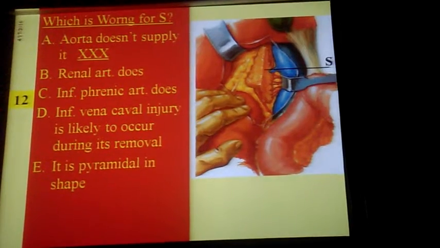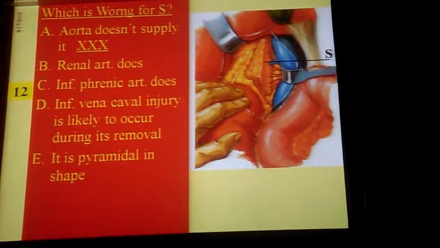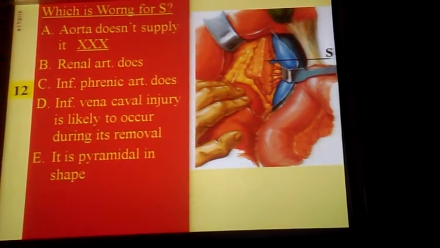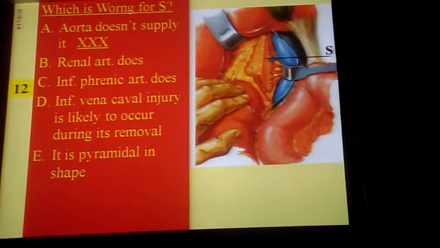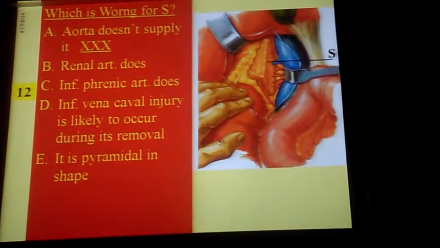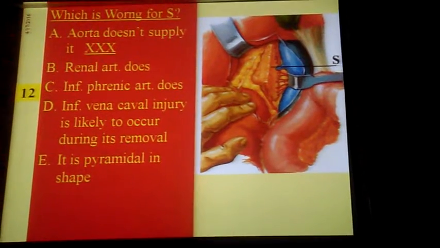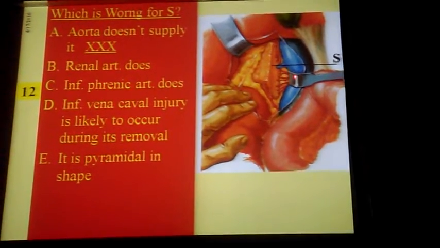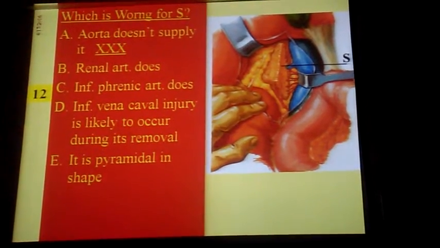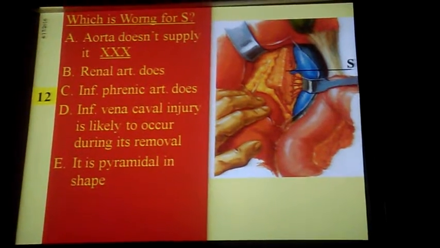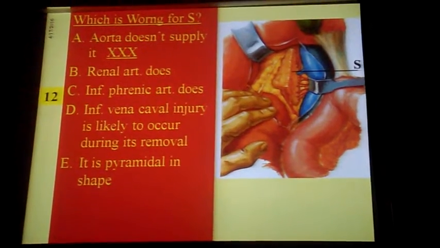Why? Surely one of you will raise a hand and tell me why. It is likely to be injured, why? Come on, you, clever one. Because the venous drainage is direct to the inferior vena cava, with a very short vein that goes to the inferior vena cava. That's why when we remove it we have to cut the vein, and so we might injure the inferior vena cava.